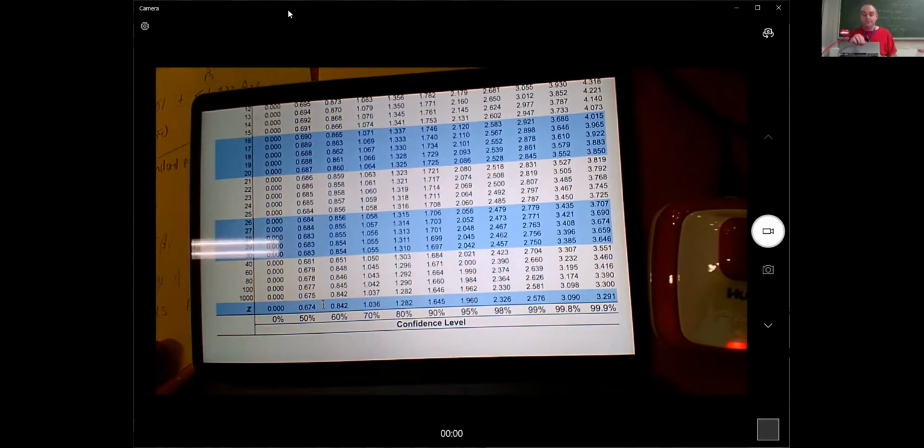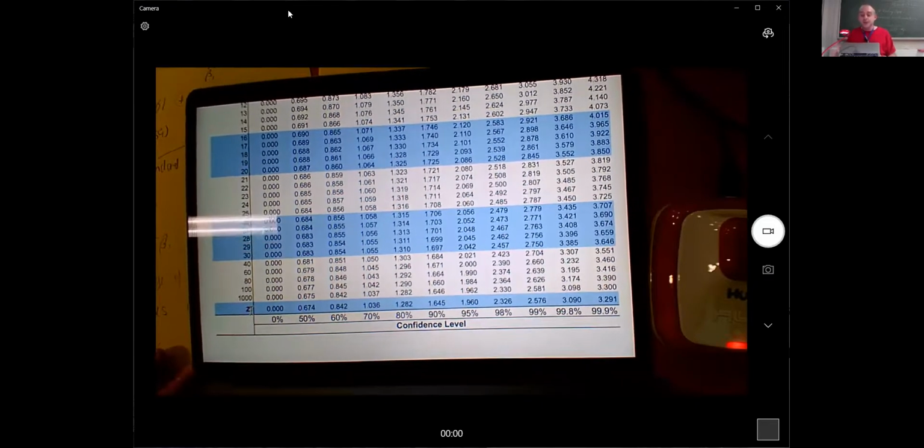Is that okay? So if I had gotten t26, I would use this row, and t30, I would use this row, and t500, I would use the 1,000 row because that's the next one, and anything above 1,000, I'll just use this row. See how it says Z there? Z is the infinity t distribution.